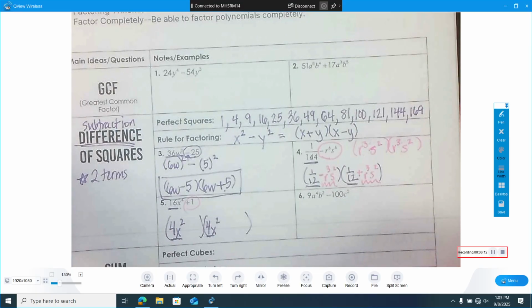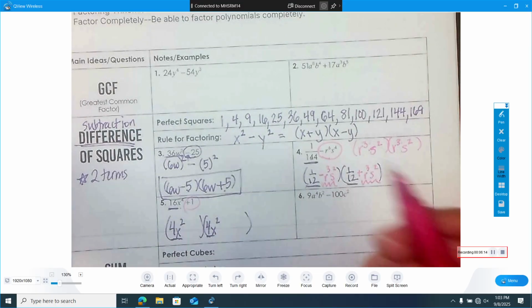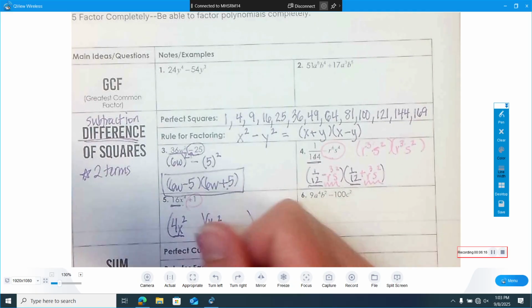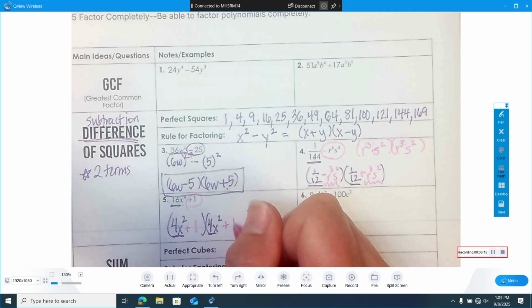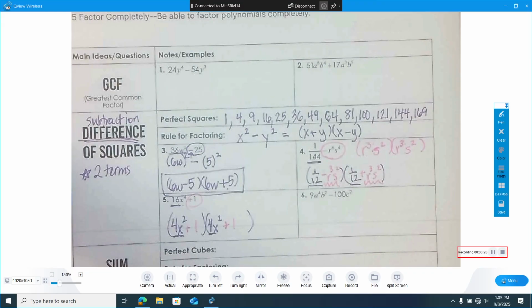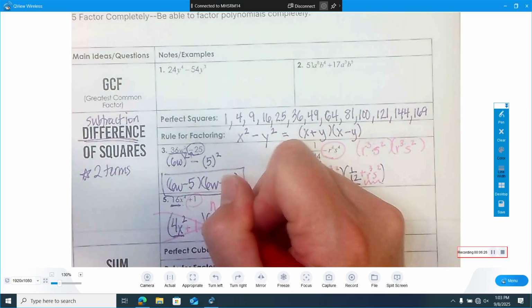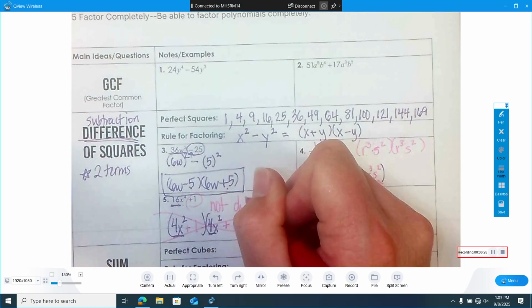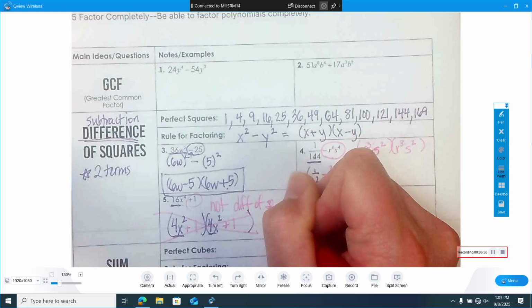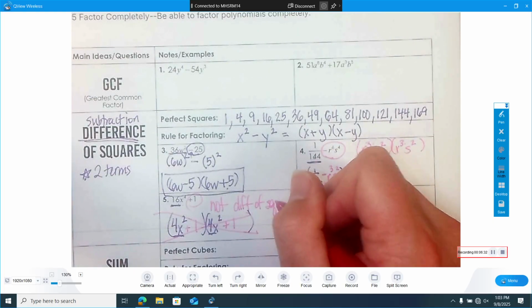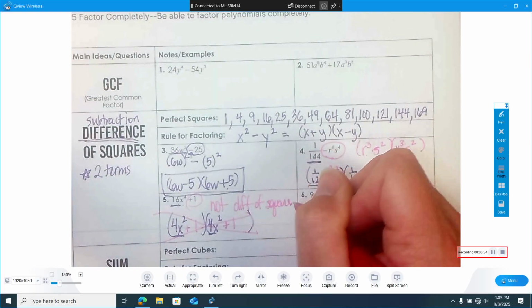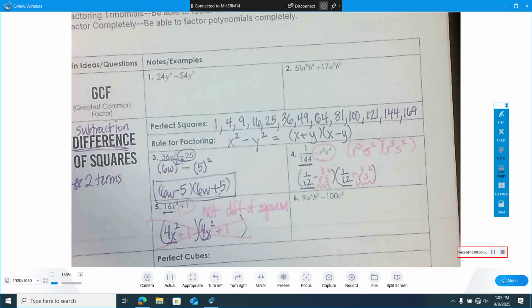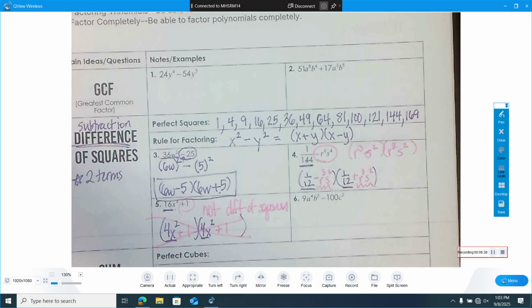You're multiplying 1 by itself. So if I did plus 1, is that going to give me 16x to the 4th? It's going to get an 8x squared in the middle. This is not difference of squares. Tricky. This one is prime, actually, so it doesn't actually factor.